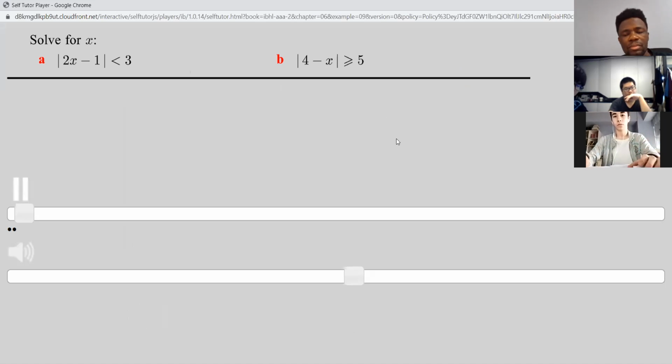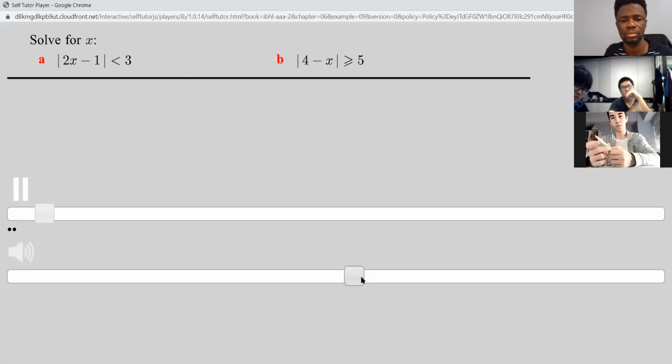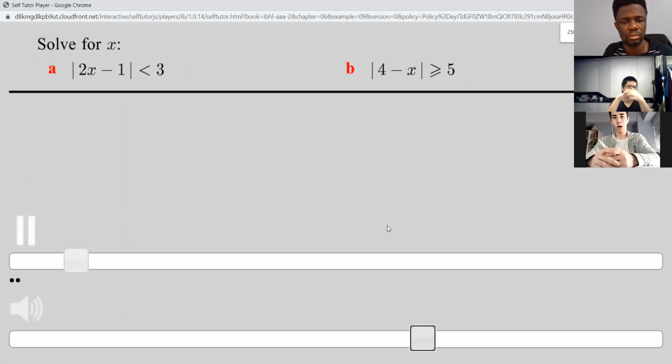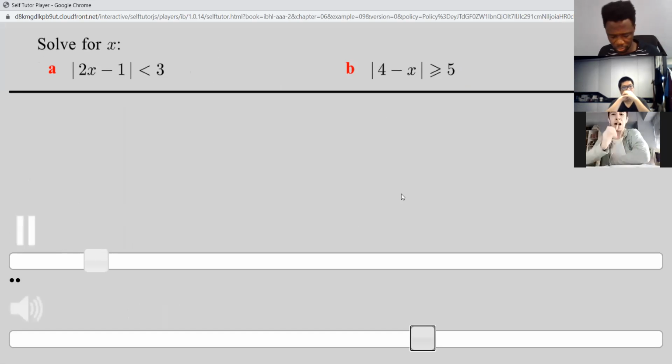Modulus inequalities need to be solved with care because we need to consider several things at once. Firstly, we have seen that absolute value functions have several pieces or branches. Secondly, if we multiply or divide both sides of an inequality by a negative, we need to reverse the sign.